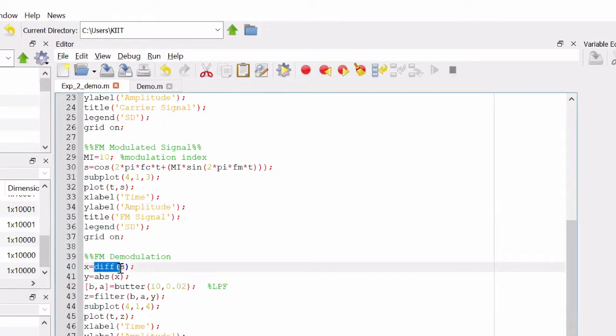Why is that? Because this diff formula is actually reducing the element. It actually gives us a lesser element in X. To rectify that, what I'm going to do, I am going to add one initial zero in this X. Now it is increasing the total number of elements and matching it with the T. So remember, you are going to get an error if you try to simply plot this T and Z because there is element mismatch.